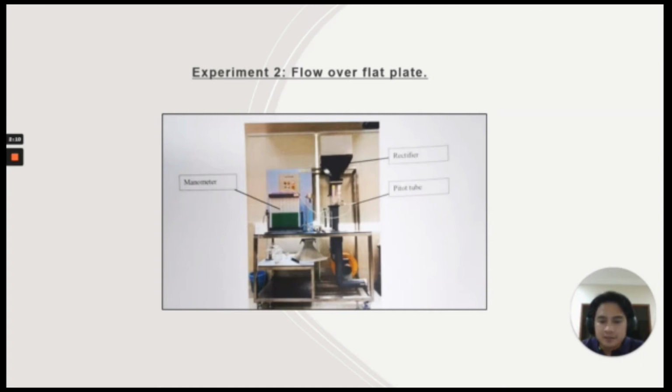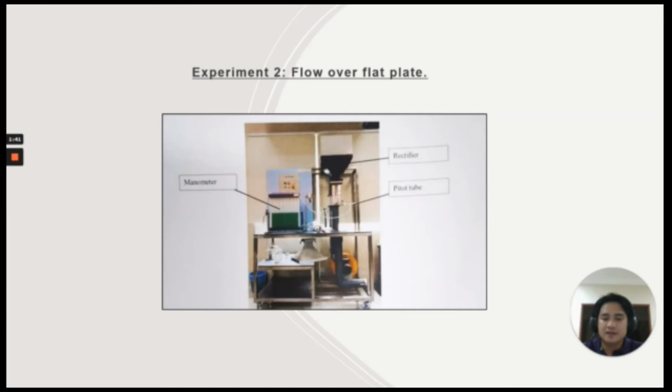The pitot tube is connected to the vernier caliper, and then the pitot tube is first touched to the surface of the flat plate as the first data. And then the radial fan is turned on and the data are recorded and tabulated.